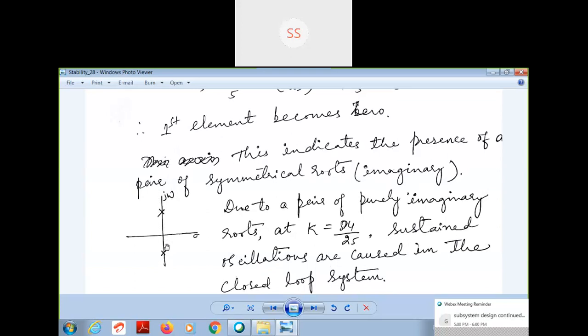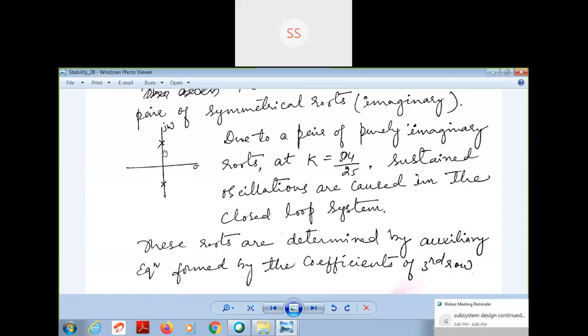The presence of this pair of symmetrical imaginary roots is an indication that the response of the system, represented by the closed loop block diagram, will contain oscillations, because we have the j omega term where omega indicates the frequency of those oscillations. Therefore, due to the pair of purely imaginary roots at k equal to 84 by 25, sustained oscillations will be generated inside the closed loop system.